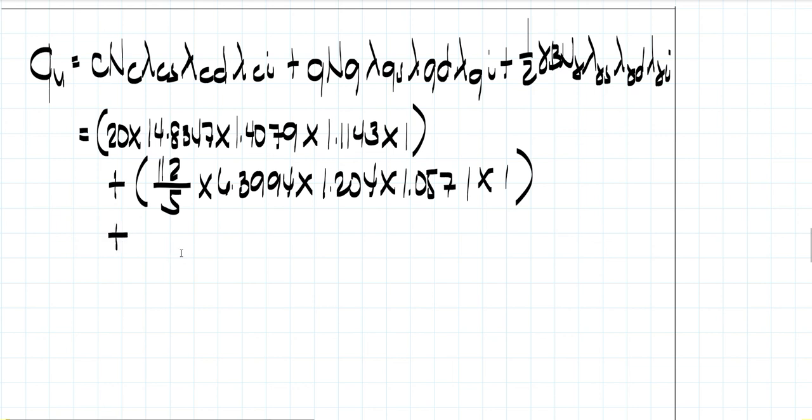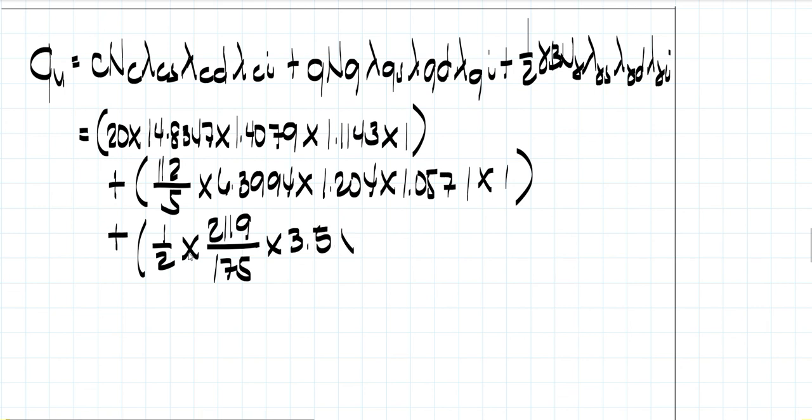Then, yung ating last terms will be 1/2 times yung gamma natin, which is 2119 over 175 times 3.5, which is yung B natin, times 2.8709.